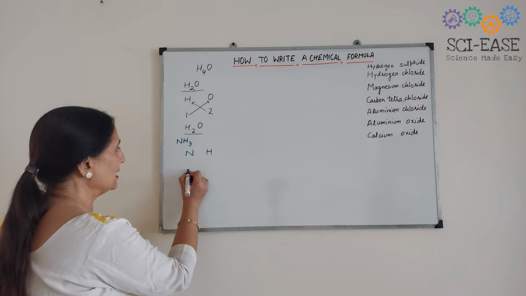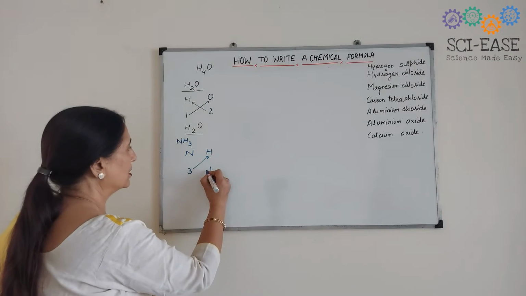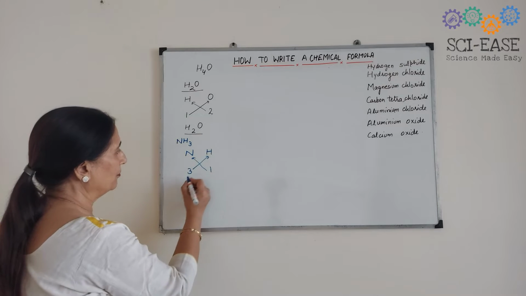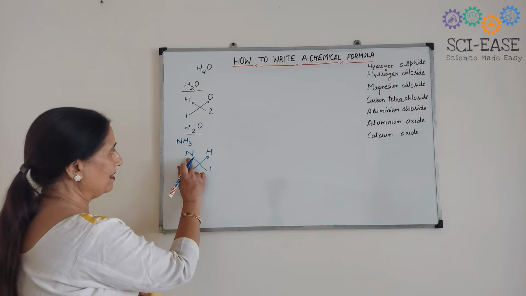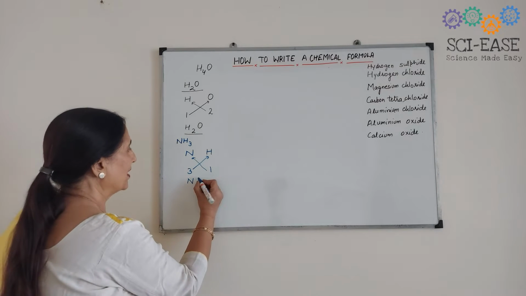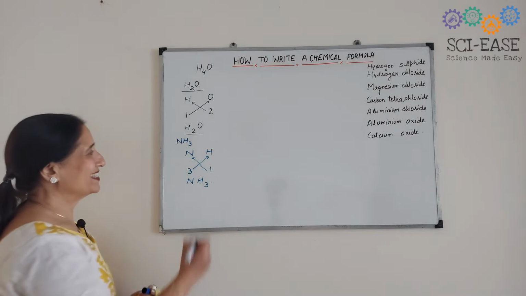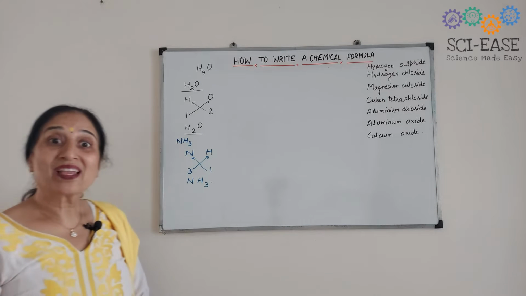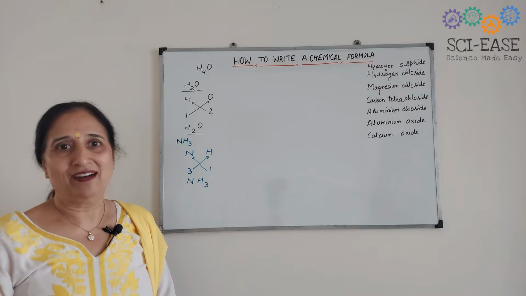Nitrogen has valency 3, hydrogen has 1. Crisscross, cross it, what will you get? N1. We are not to write 1. H3. So this is the chemical formula of ammonia.